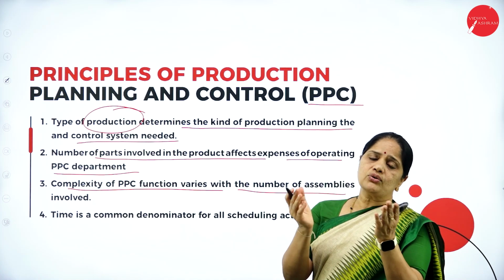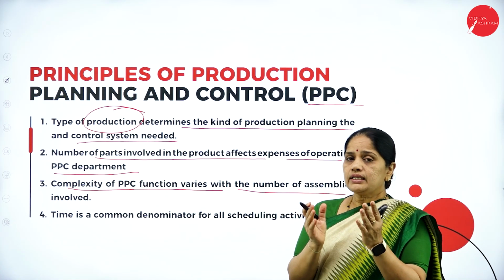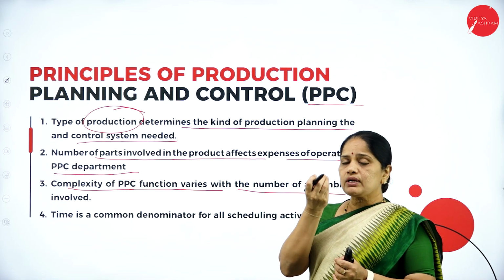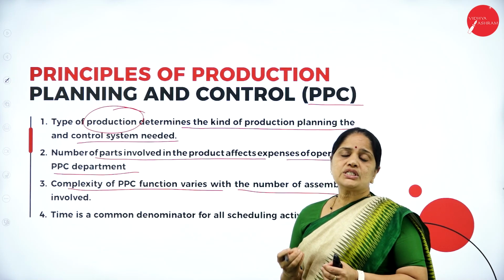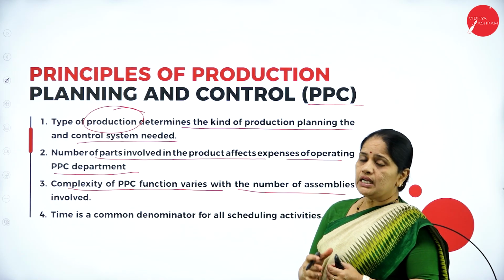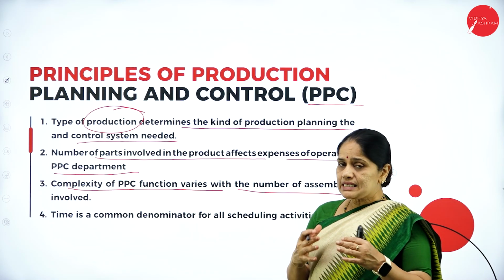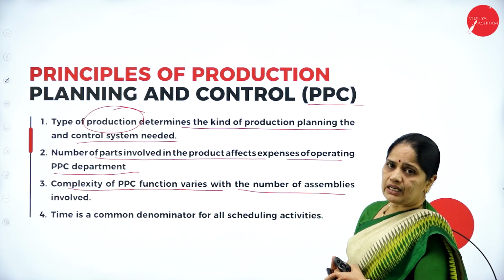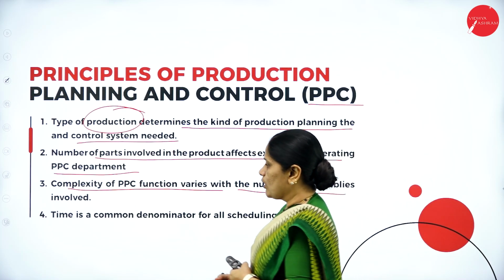So, if you are into assembling of an engine, then what are the various spare parts required? What are the various minute aspects of the machine which go into the assembly of the machine? So, depending on the complexity of the operation, the production planning also will be more complex.